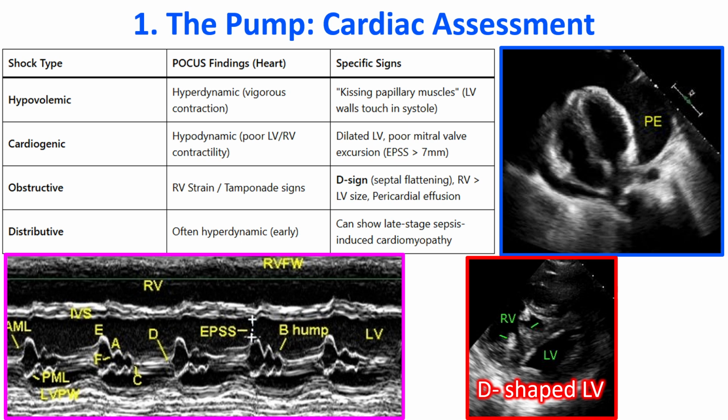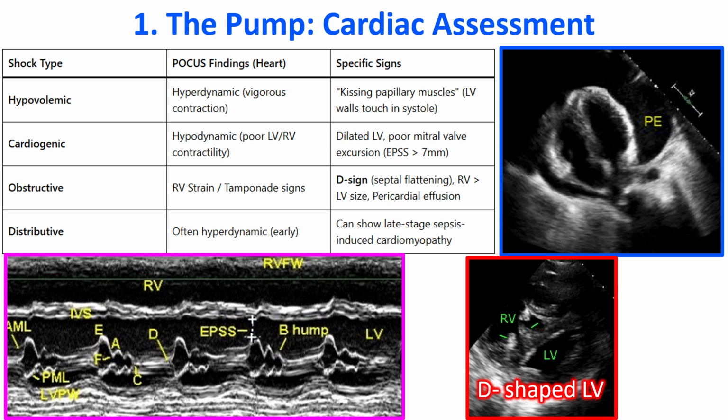In hypovolemic shock, hyperdynamic vigorous contractions can be seen. Sometimes you see kissing of papillary muscles, that is, left ventricular walls touch each other in systole in severe hypovolemia with hyperdynamic contraction.